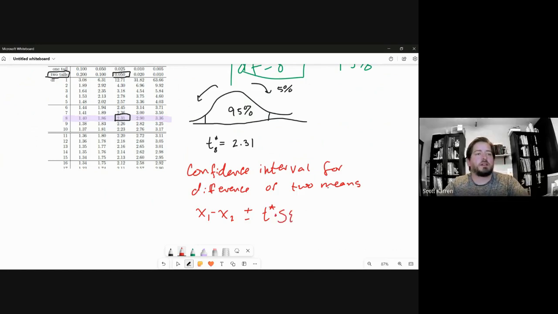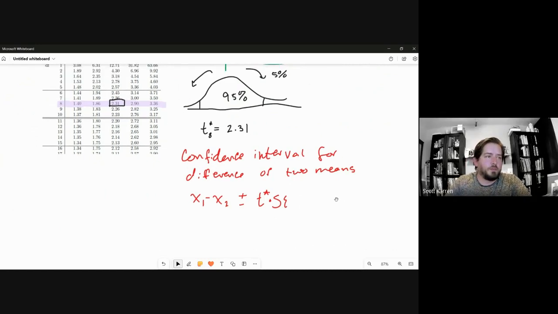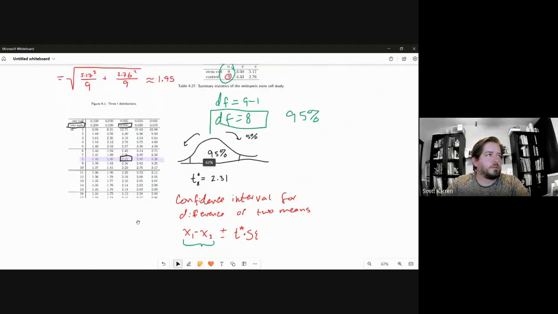And we've calculated all of these values. The point estimate, x1 minus x2, was 7 point something, maybe.